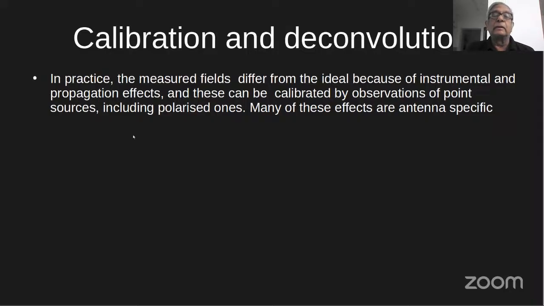Okay. And ideally, you would like point sources. And if you want to calibrate the polarization response of the feeds, then you need a polarized point source. And you also need to observe it as the polarization rotates with respect to your antenna feeds. And that is a topic extensively dealt with in the references that I put up last time.